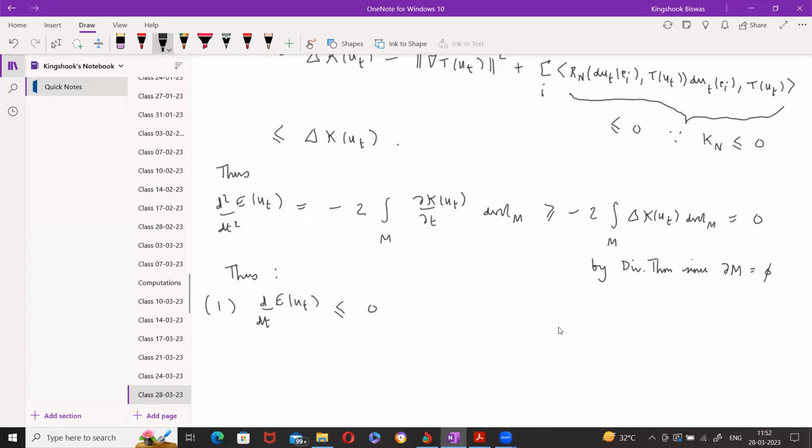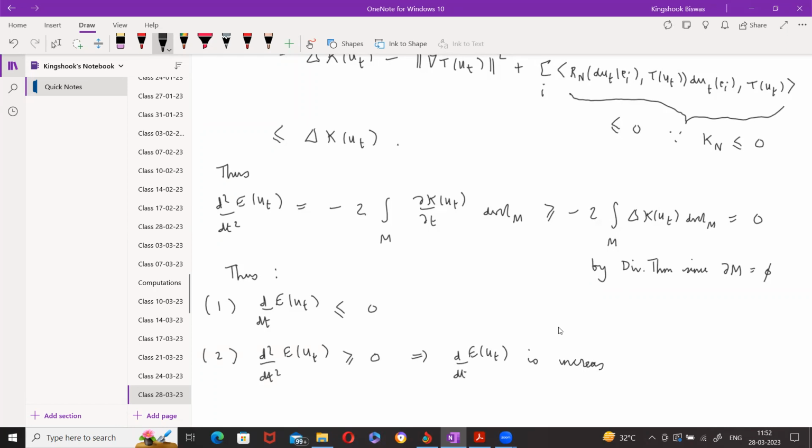And secondly, d squared/dt squared of the energy of u_t is greater than or equal to 0. So this implies that d/dt of the energy of u_t is monotone increasing.